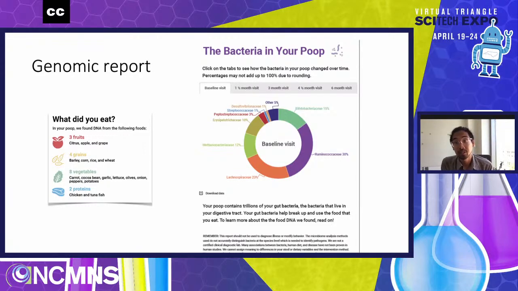And so we can also tell people now some of the different kinds of foods that we see inside of them. We can count the different kinds of fruits, grains, vegetables, even meats. And we've found that it can vary quite a bit by person and by where they live. In different parts of the world, people eat different kinds of foods.